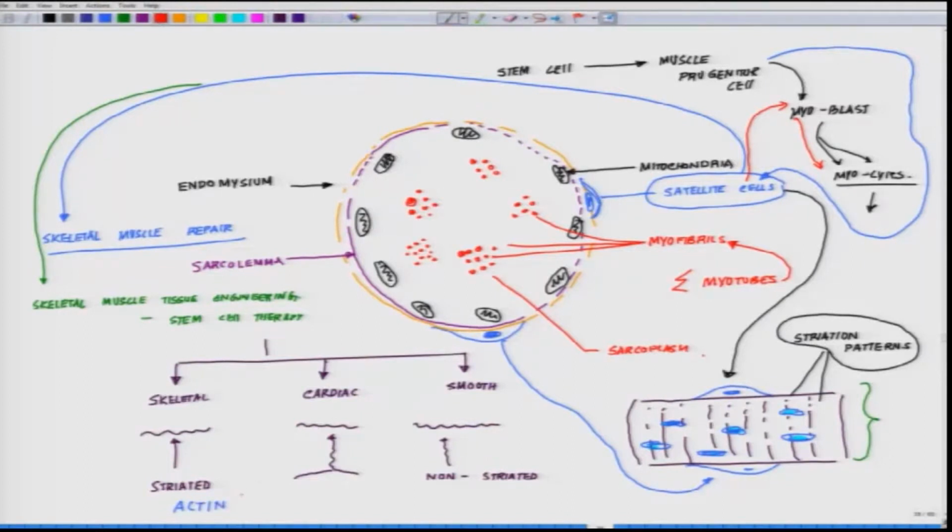Now see, from tissue level we came to the cellular level, from cellular level now we are moving to the molecular level, so this is a reverse order. Now I am going tissue, cell, C stands for cell, T stands for tissue, and here molecules.